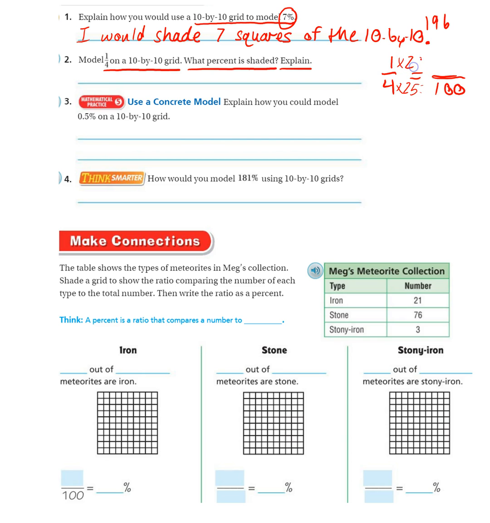So I do the same thing to the top. 1 times 25 is 25, so I would have to shade 25 squares on a 10 by 10 to represent 1/4. So there's 10. Another column would be 20. And then 5 would be 1, 2, 3, 4, 5.